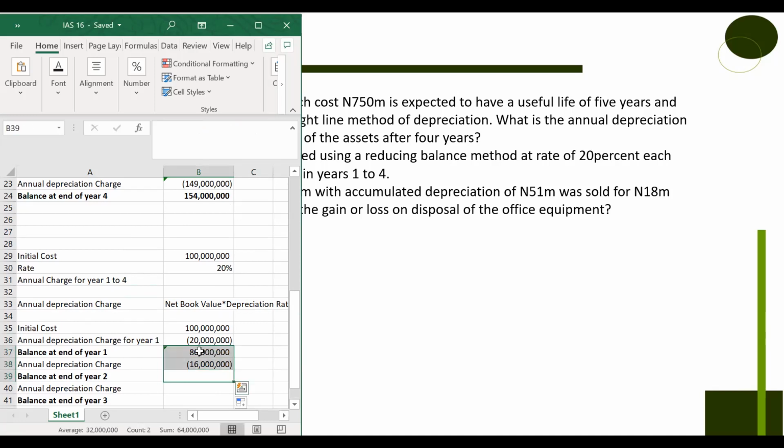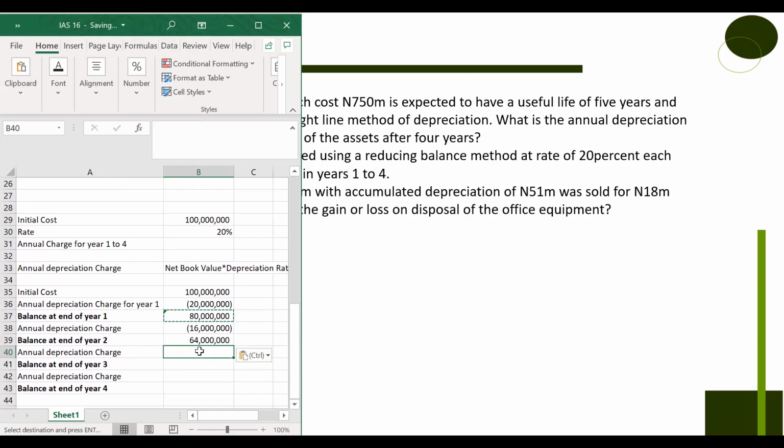So what will be our balance at the end of year 2? 80 million minus 16 million. 64 million. Please tell me the annual depreciation charge for year 3. I'm talking of annual depreciation charge.